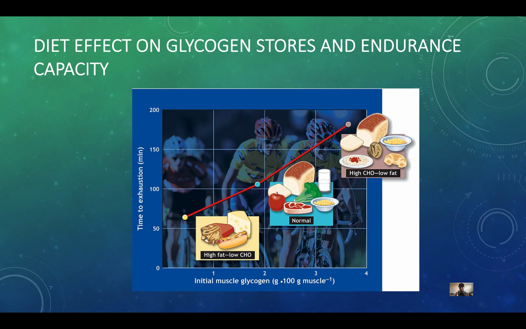I will make an argument against this picture though, right? A hot dog on a bun and French fries is not a high-fat, low-carb diet. That's blasphemous. It's crazy. But if you short-term acutely give a high-fat, low-carbohydrate diet to an individual that is habitually adapted to consuming carbohydrates, they're going to struggle with their exercise timelines.